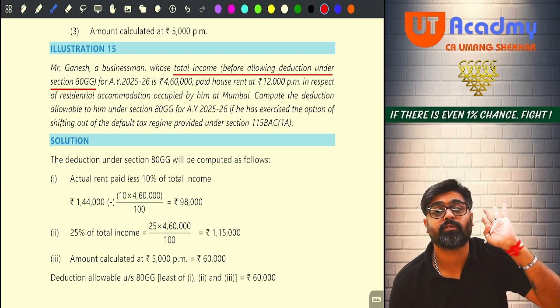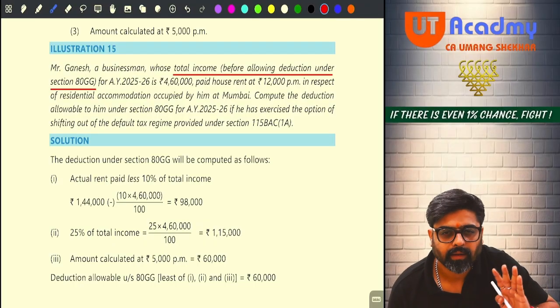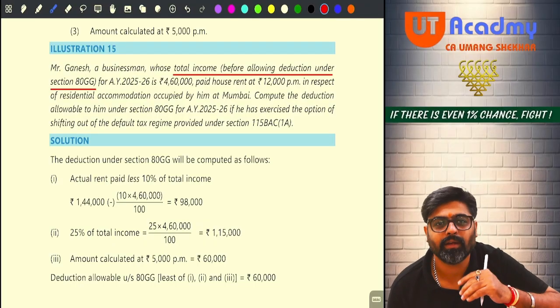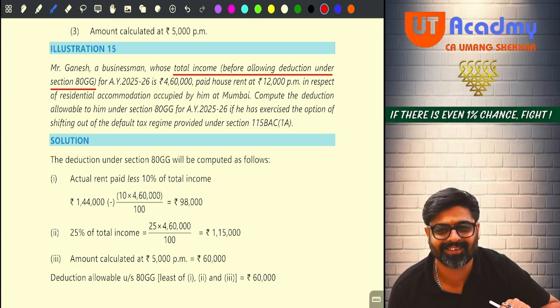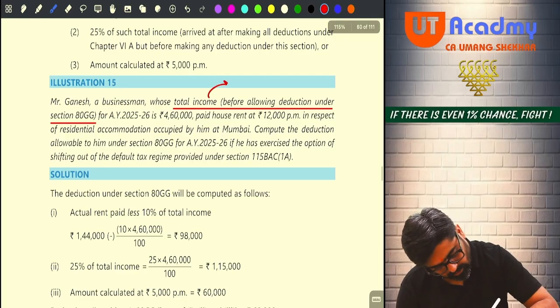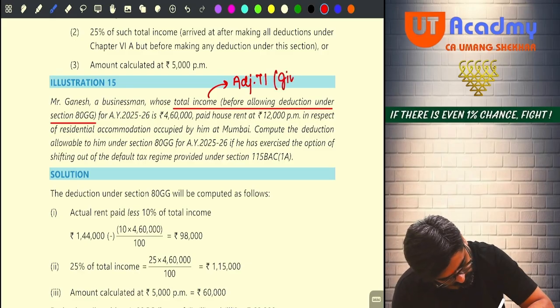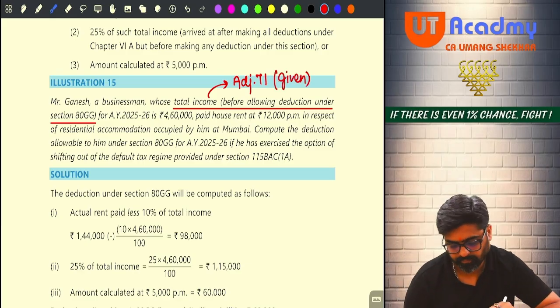But 80GG is not taken. Meaning that they are directly giving you adjusted total income for 80GG. Yes or no? So can I say this is your adjusted total income given in the question itself.